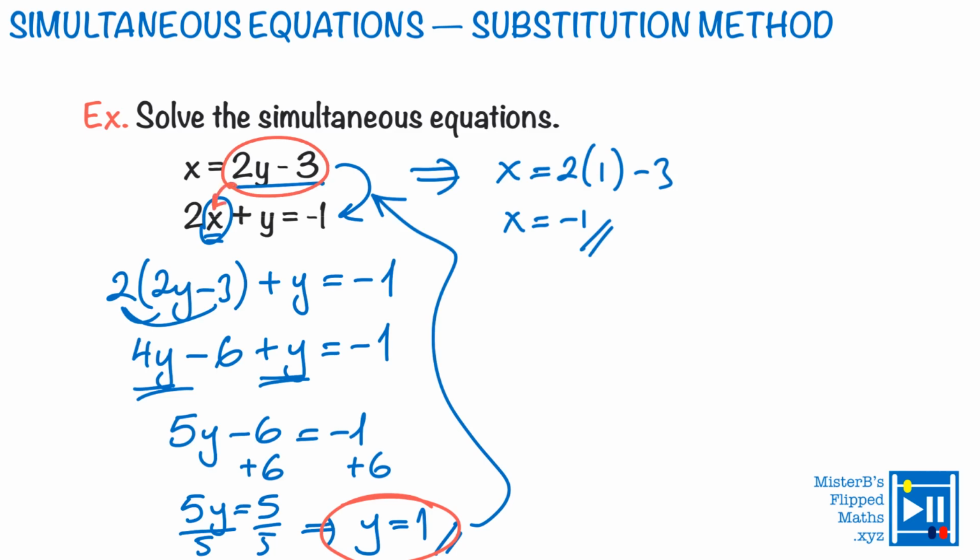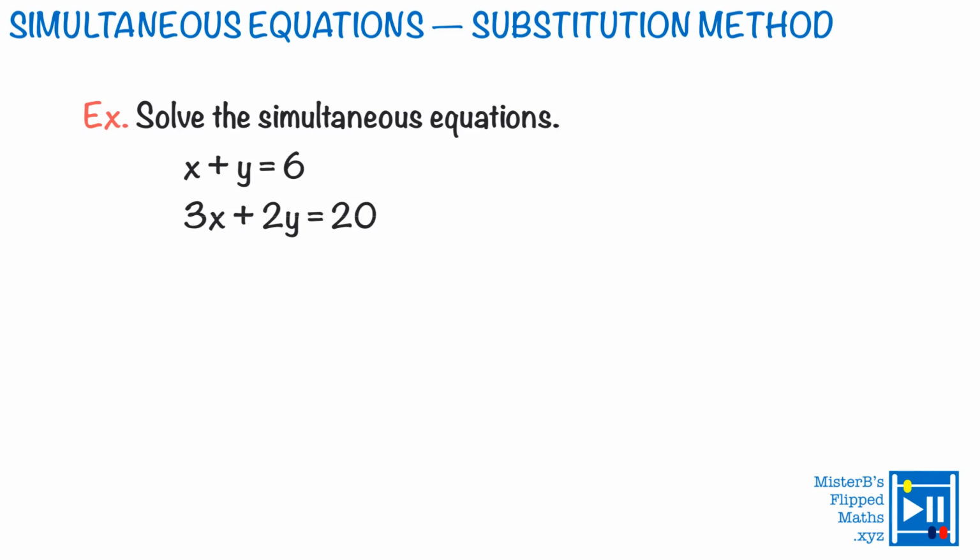One more example. Now in this one we have x plus y equals 6. So it's not x equals something, y equals something, right? So you may also consider elimination method to solve the simultaneous equations here.